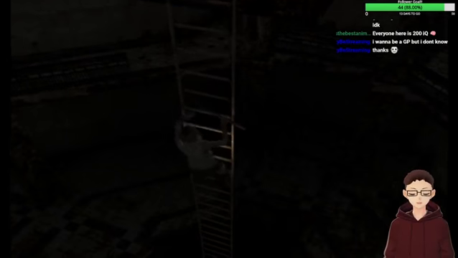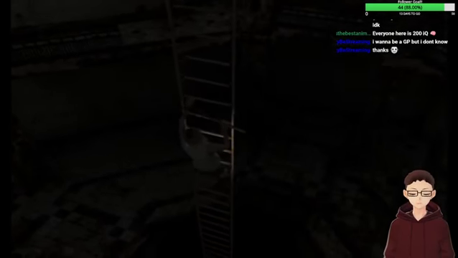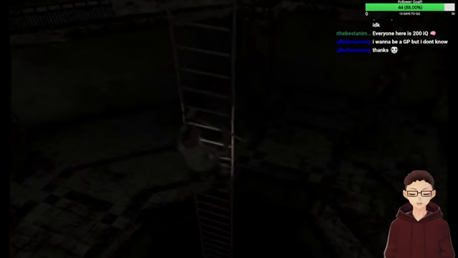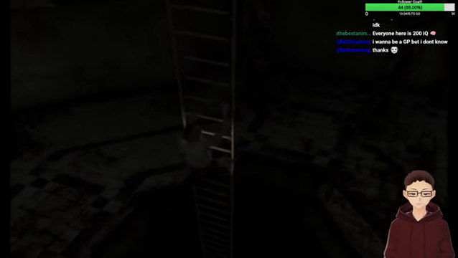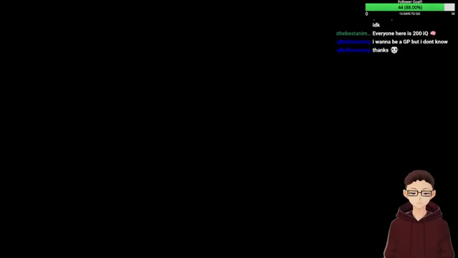One thing is for sure, this does not have the mechanic that you do in Dark Souls where you can just slide down the ladder, so this is going to take a while. Oh, never mind, they'll just skip.